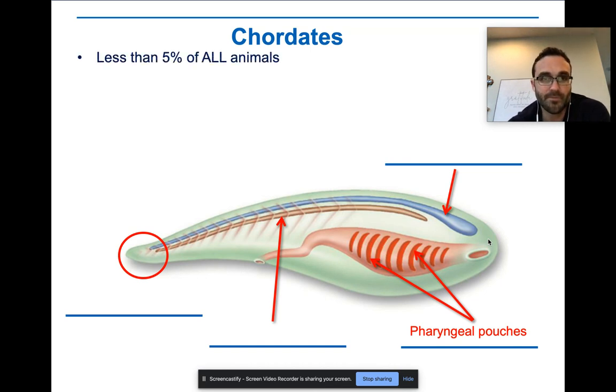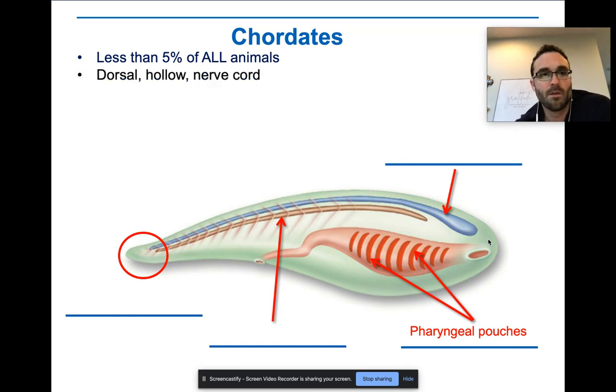So again, if invertebrates take up 95% of all the animals, chordates are less than 5%. So think about all the animals that have a spinal column. That's less than 5% of all animals on planet Earth. Weird. Because when you think of an animal, you think of something that has a brain, two eyes, and a central nervous system, but not so.